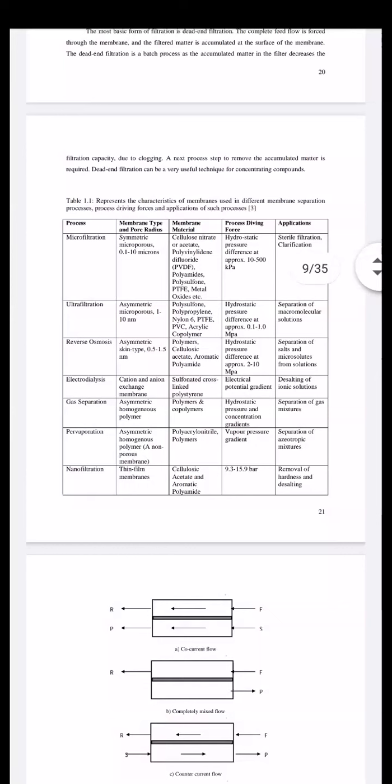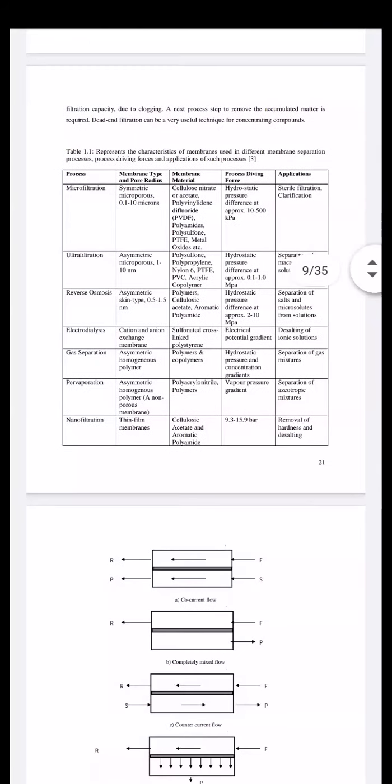I know it is just similar to filtration, where in filtration we are using filter medium, and here we are using a membrane. So what is the basic difference between filtration and membrane separation? It is very simple. Have you heard about selectivity?